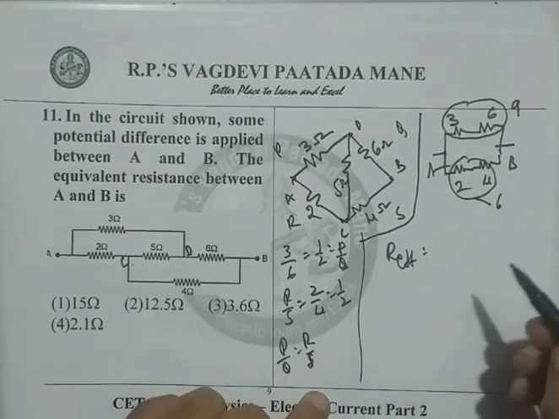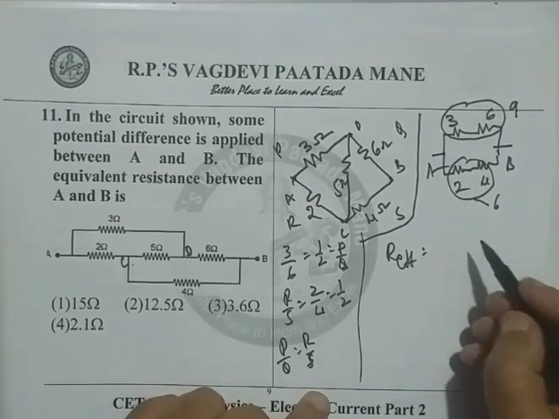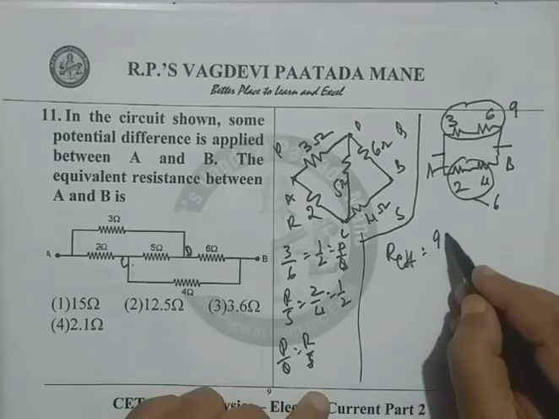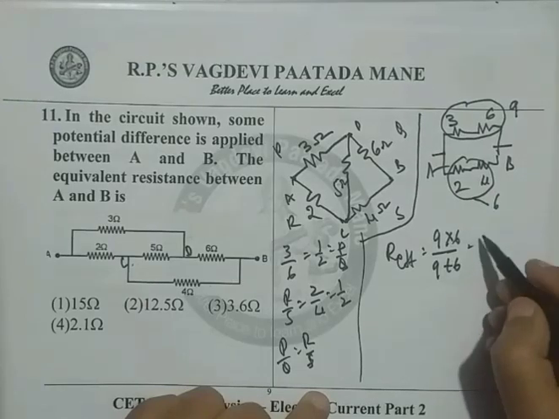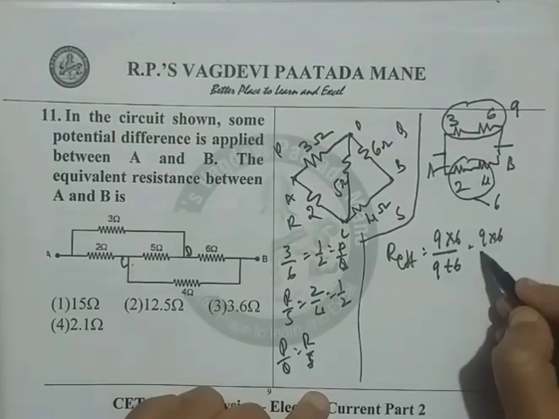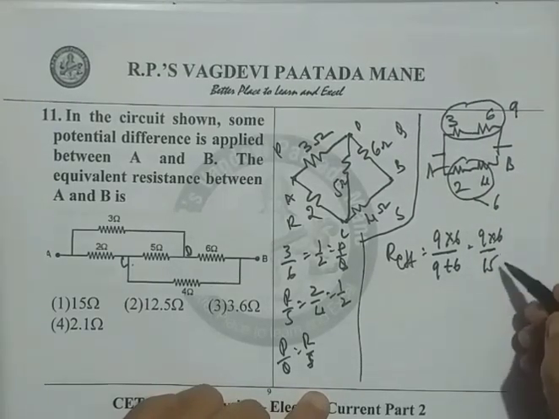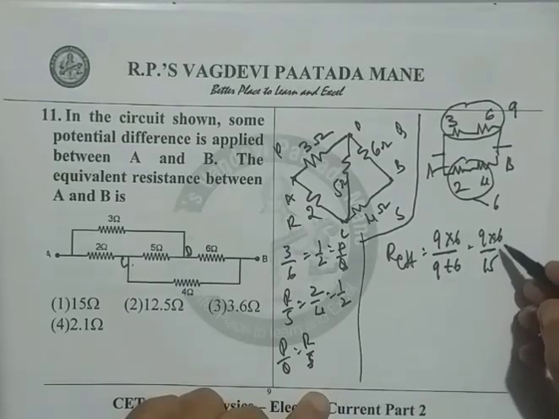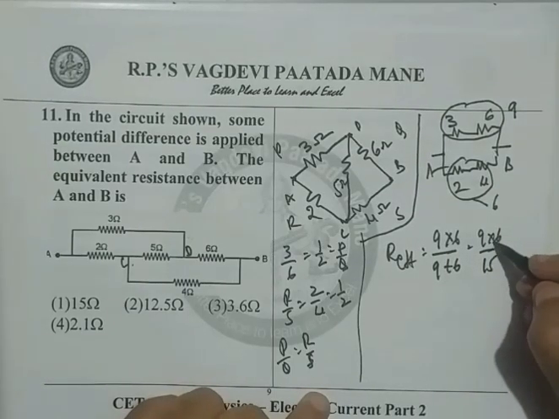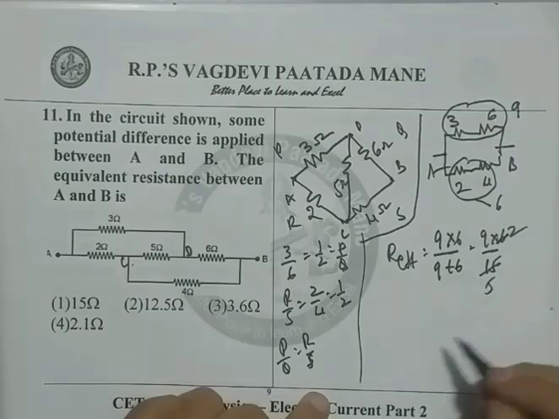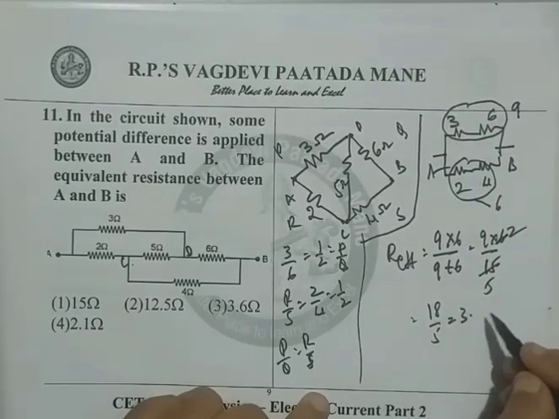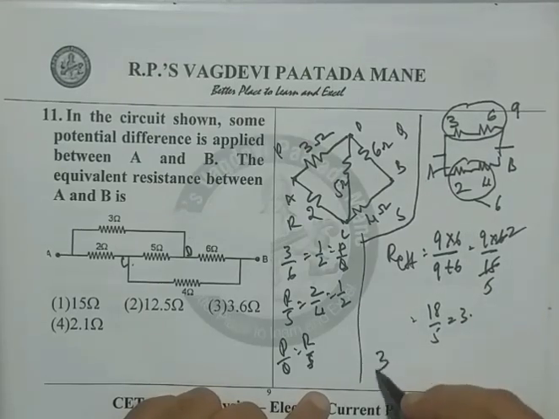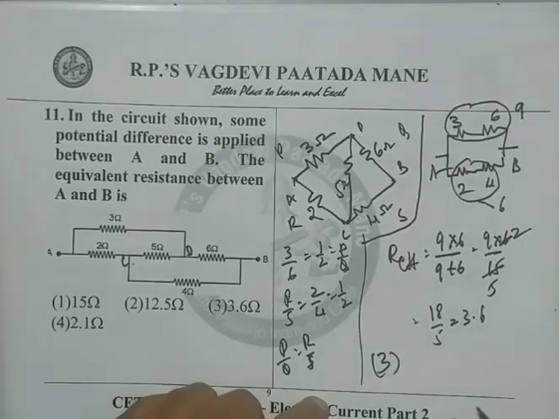Therefore, effective resistance between A and B is 9 into 6 by 9 plus 6, 9 into 6 by 15. We can calculate it like this: 3 2s are 6, 3 5s are 15. So 18 by 5, which amounts to 3 point something. Therefore, option 3 is correct.